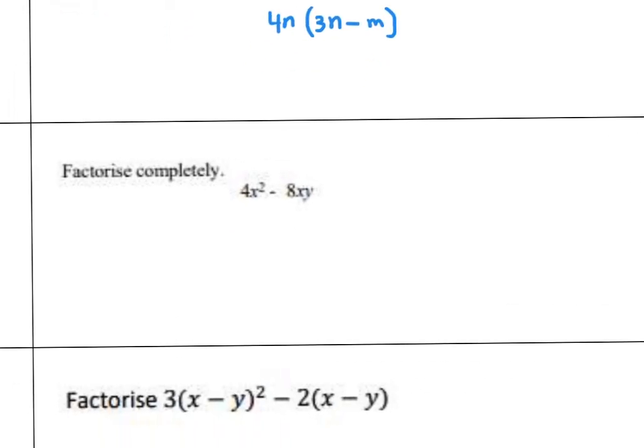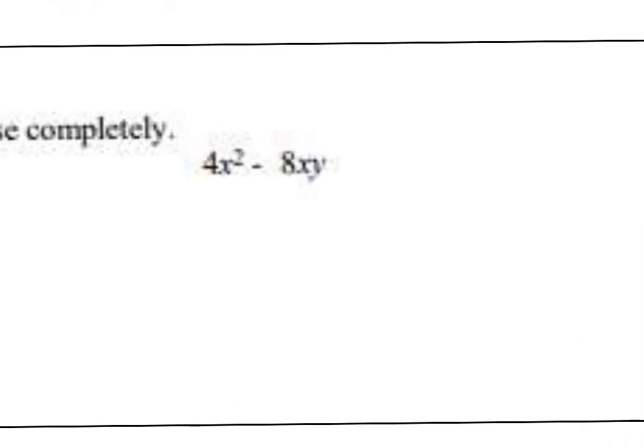Number 2, 4x squared minus 8xy. Again, with the numbers 4 and 8, both are divisible by 4. So the HCF for 4 and 8 is 4. For x power 2 and xy, what is common? x is common. Take the least power, so x power 1. y is not common. So the common factor is 4x.